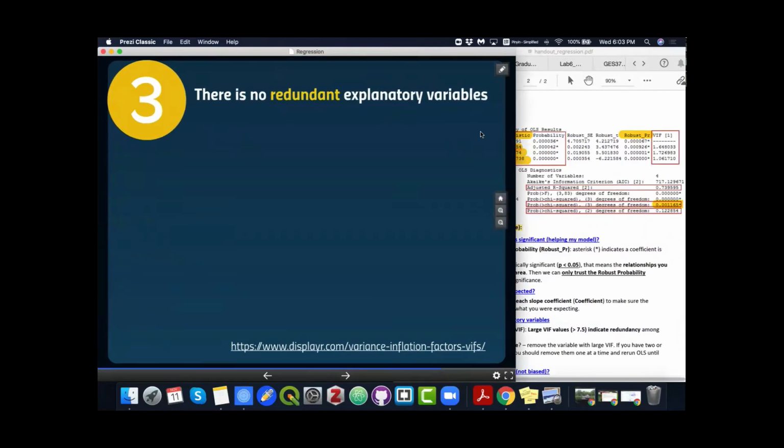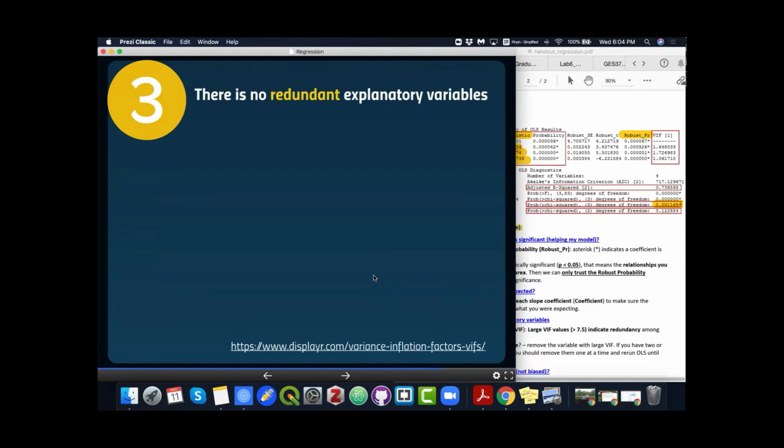And also, after that, for the third check, we're looking into whether the variables are duplicating. Basically, we want to make sure there are no redundant explanatory variables, which is a very important consideration when you build a model. For example, if you build a multiple regression model, you want to make sure that each of your X variables, or the explanatory variables, are unique and independent.